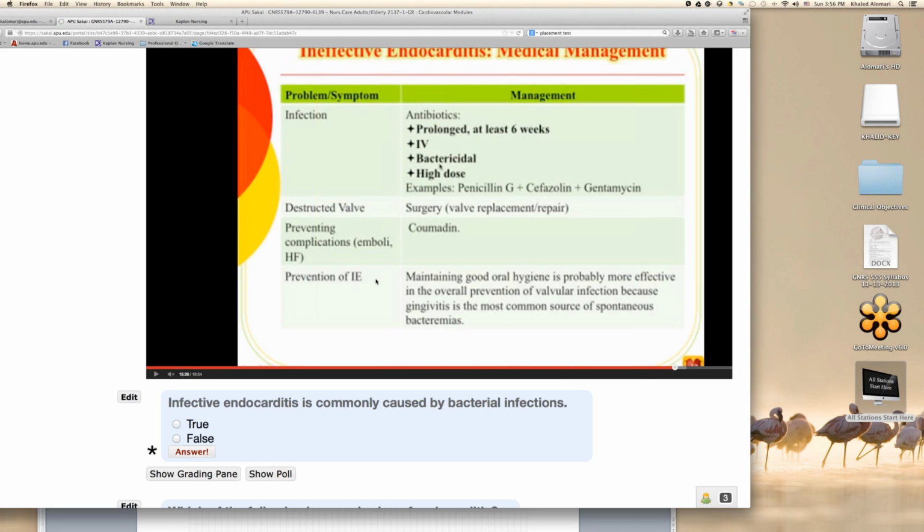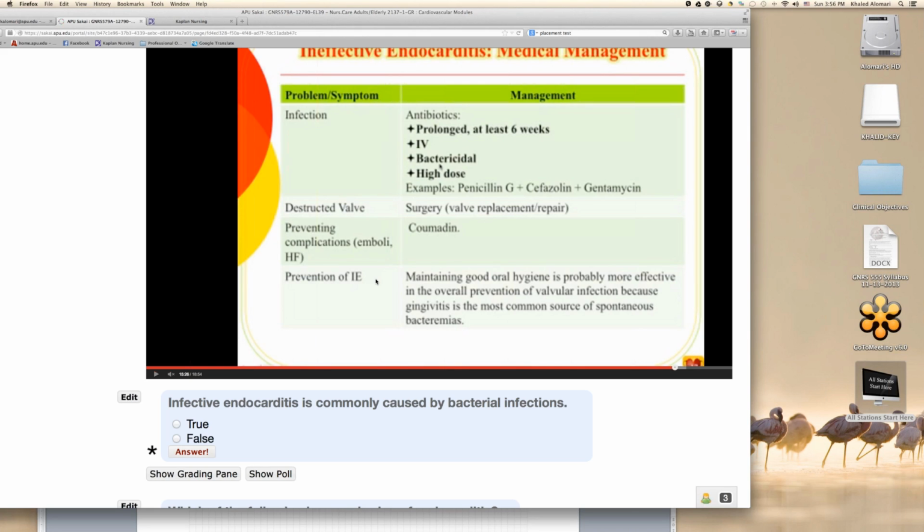There's no immunization involved. You understand from the pathophysiology of endocarditis that oral care is the least thing that the patient can do, non-invasive, on their own, to prevent or reduce the risk of endocarditis.